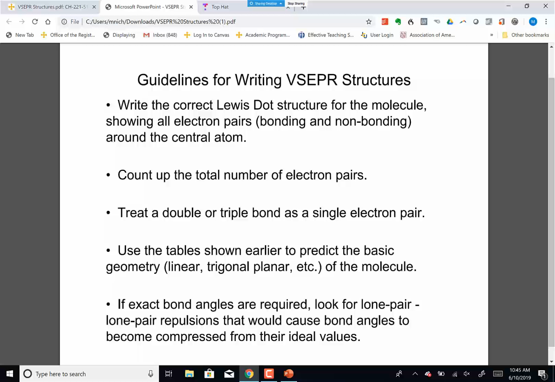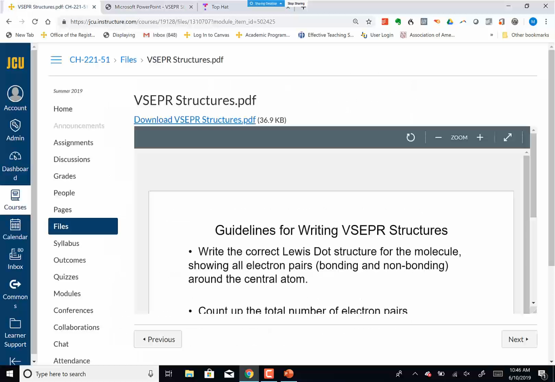So these are the guidelines that we're going to use to write our VSEPR structures, and integrated in those is how we really form a carbon-carbon bond, and that's going to involve hybridization.